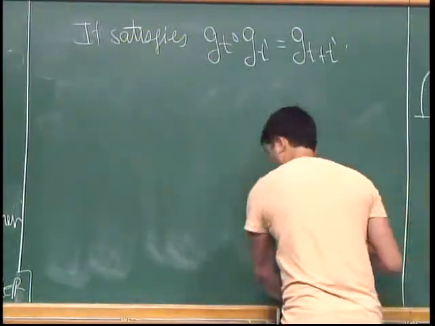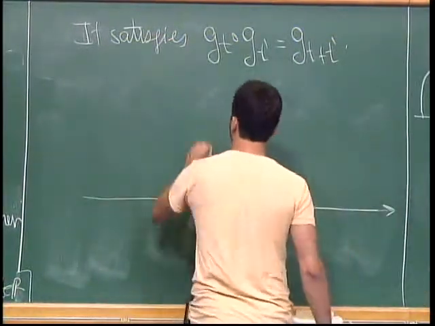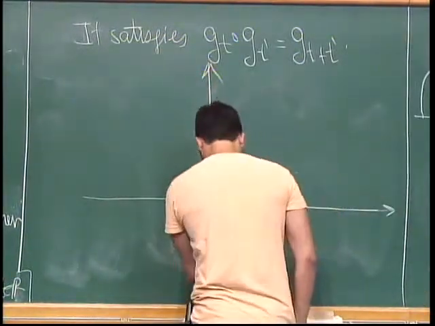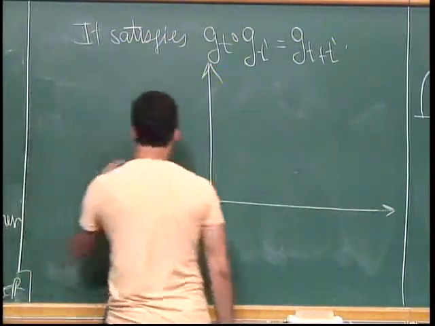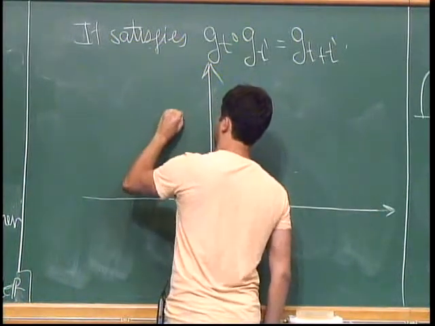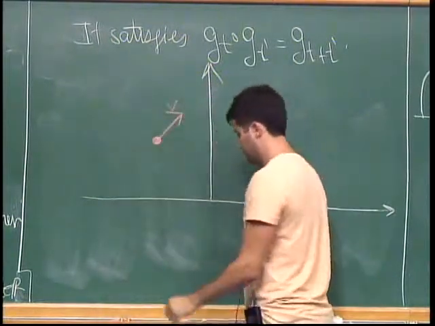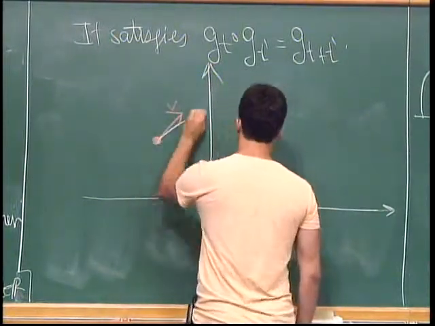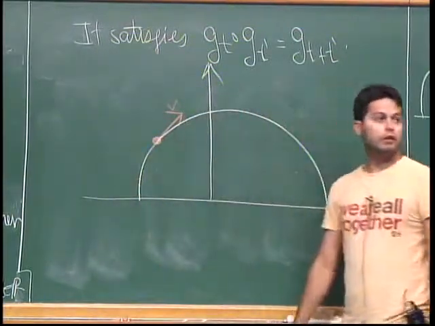So, but what happens to this flow? You have here the hyperbolic plane, and you have some vector v. So what you do, you look at the geodesic that the vector defines, and you walk t along this geodesic.